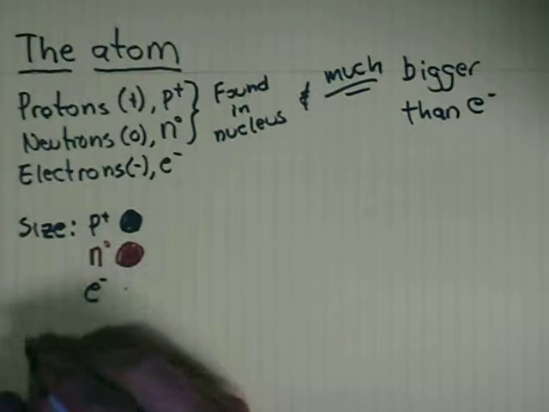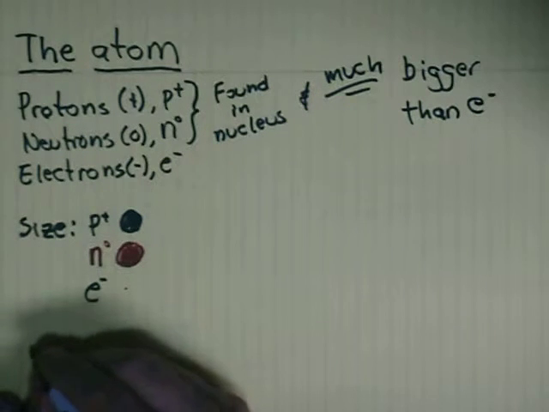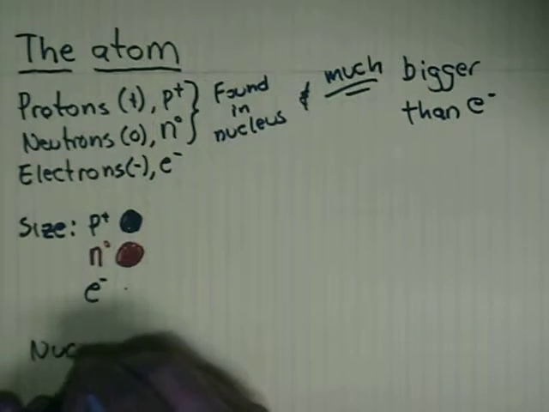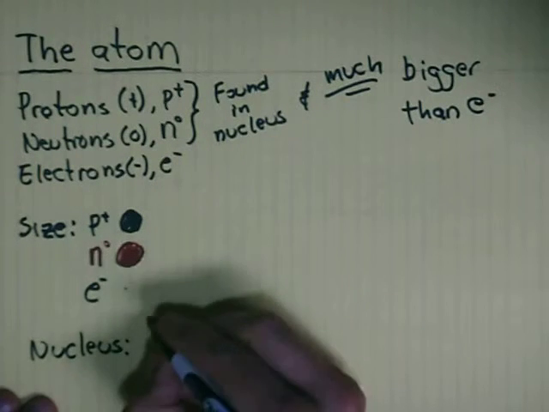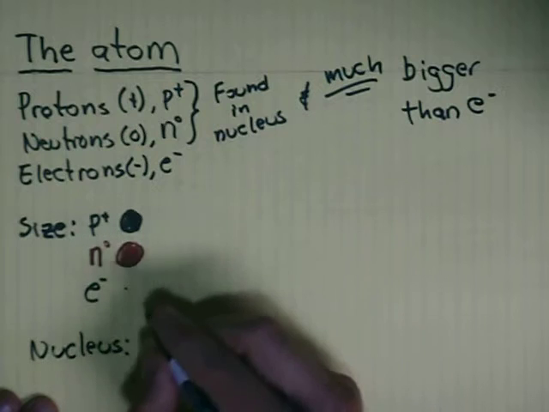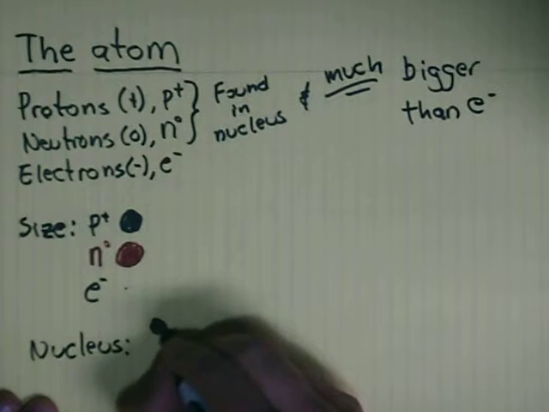So if we look at a nucleus, when we talk about the nucleus, the protons and the neutrons together, what we mean is, for example, helium: two protons, two neutrons.